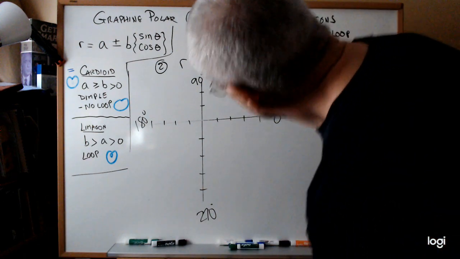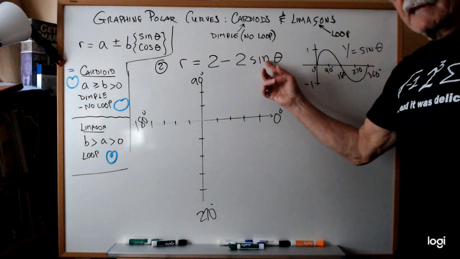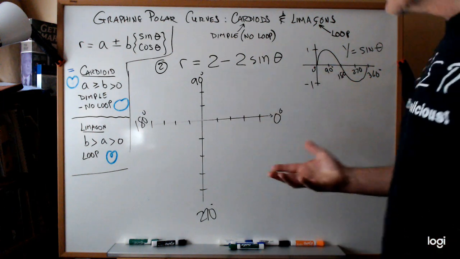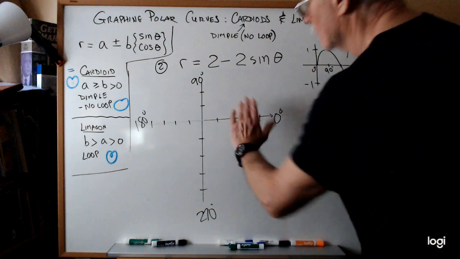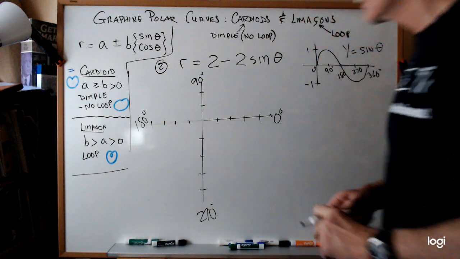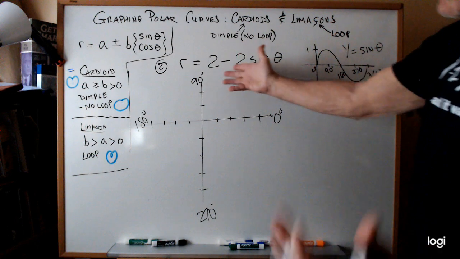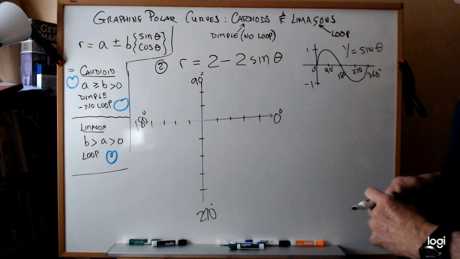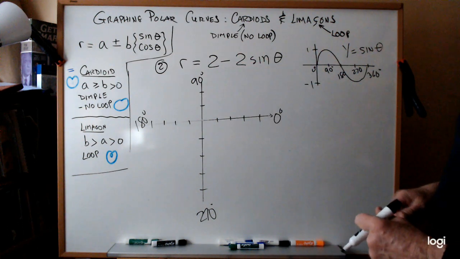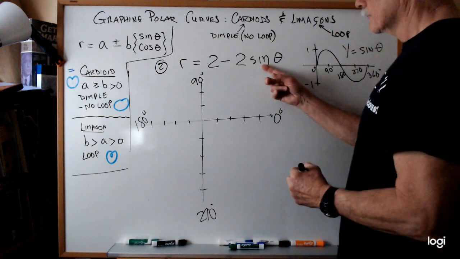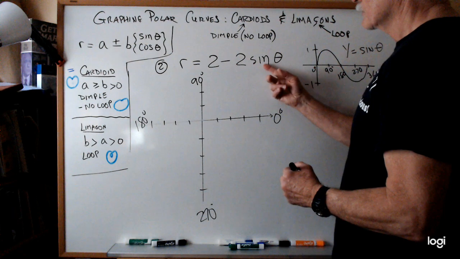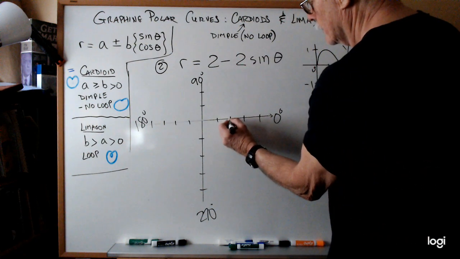Okay, so here we go. First of all, since this is a sine type, we know from experience, hopefully, that it's going to be symmetric about the y-axis or the pi over 2 or the 90-degree axis. So we start out at an angle of 0. 2 times 0 is 0, so we plot this point.